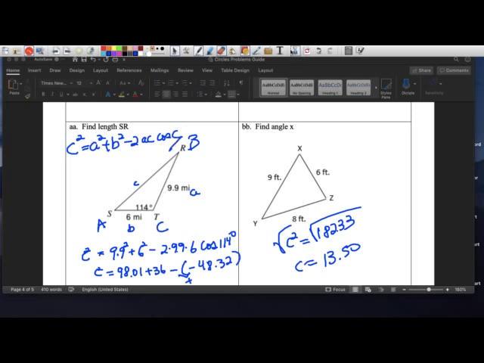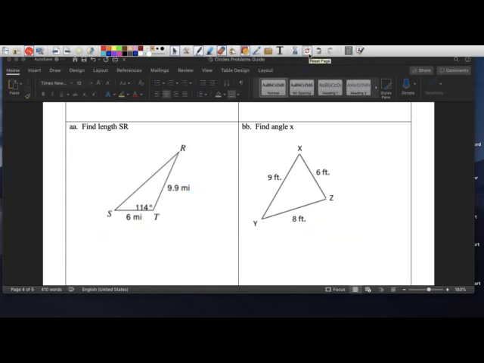So I didn't read it, and it says find angle X. So this is the angle, and I'm going to call it angle C. Angle X will be C. This is little c. This is A, this is little a.